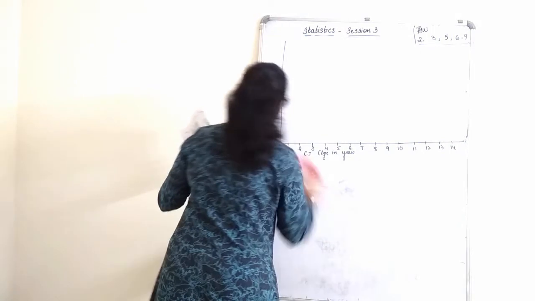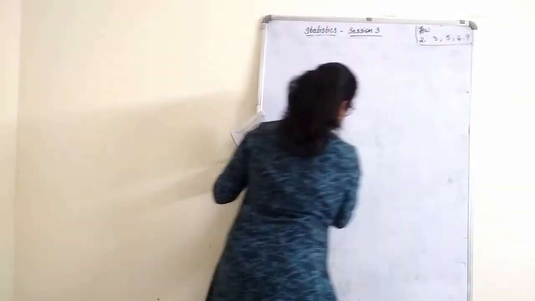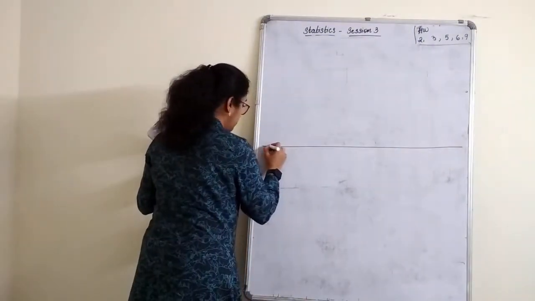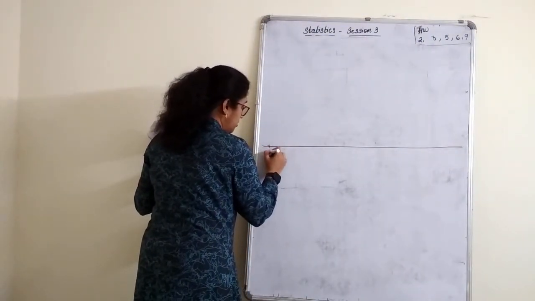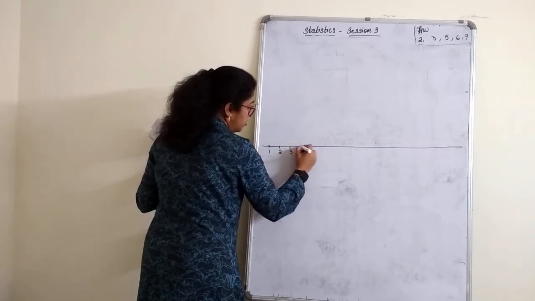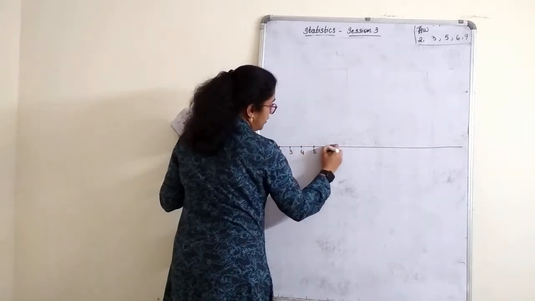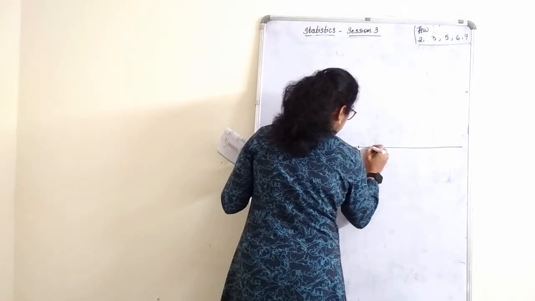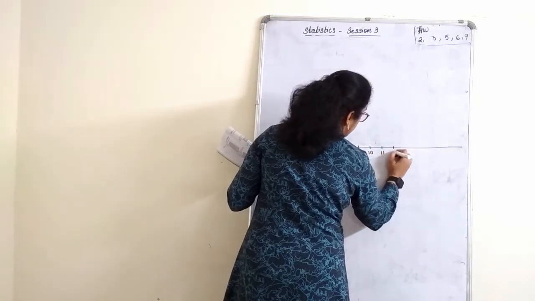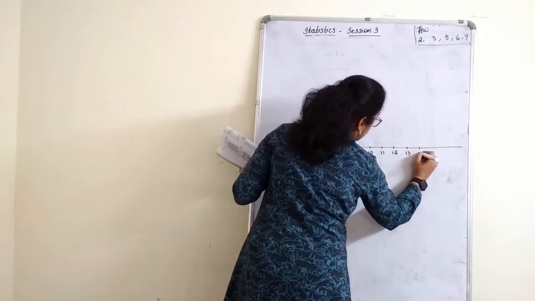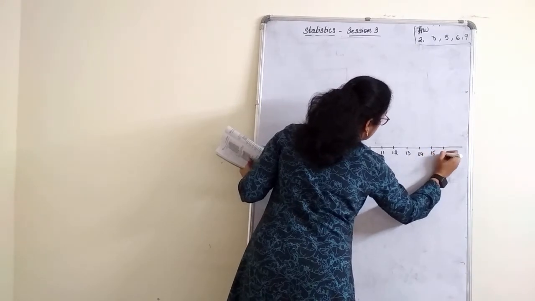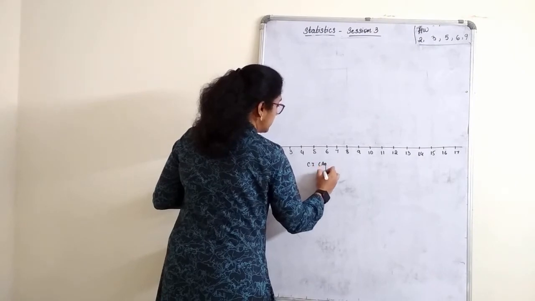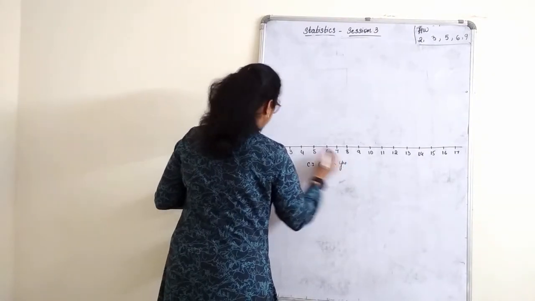Let me readjust it, children. So, if I draw it from here, 1, 2, 3, 4, 5, 6, 7, 8, 9, 10, 11, 12, 13, 14, 15, 16 and 17. So this is class interval, which is nothing but age in years.